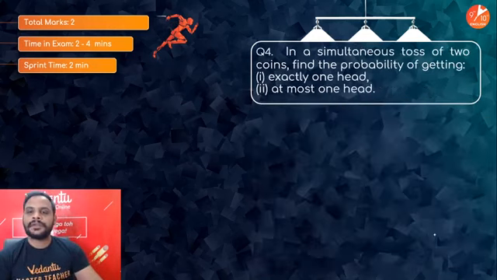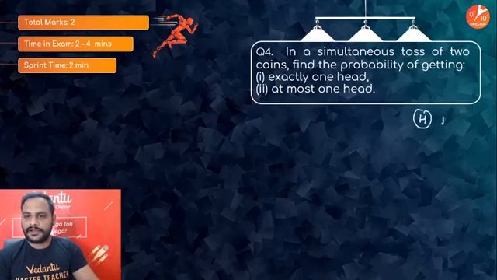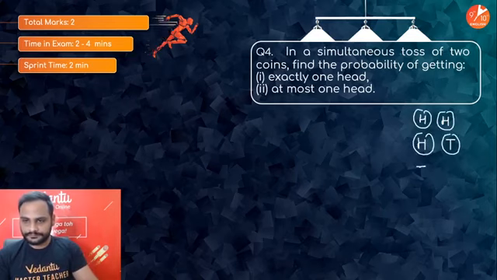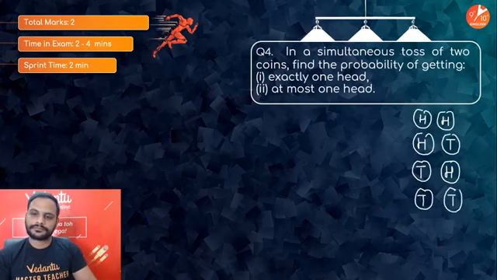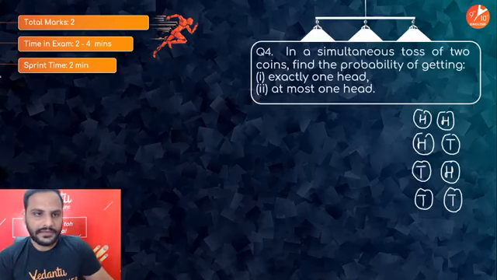Next one. In a simultaneous toss of 2 coins, find the probability of getting exactly one head, at most one head. See, when I toss 2 coins, the possibilities are head-head, head-tail, tail-head, tail-tail. These are your 4 possible outcomes. Now, let's talk about the first one.